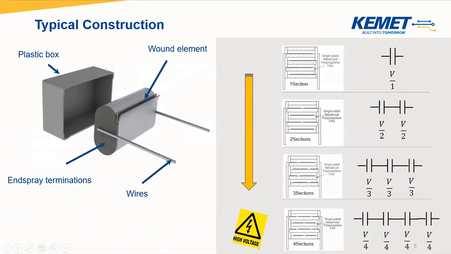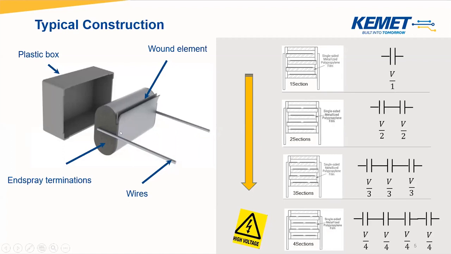Having an overview of the whole construction, we can see that more than the wound element, we also have some spray material that is applied on the wound element. And then we also have some wires. The spray termination and the wires are used to make possible the connection of the capacitor with the outside circuitry.